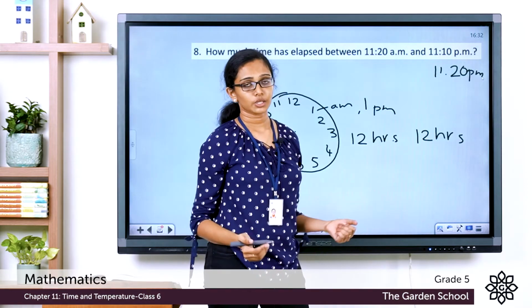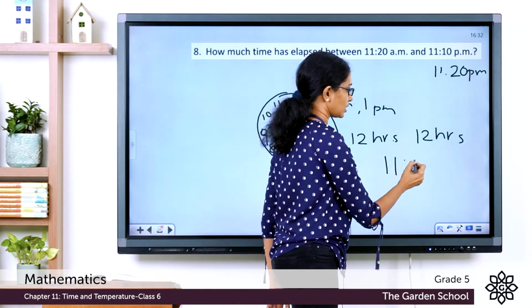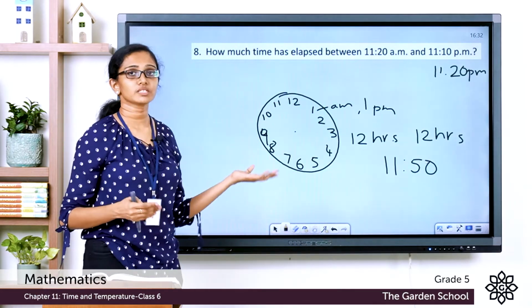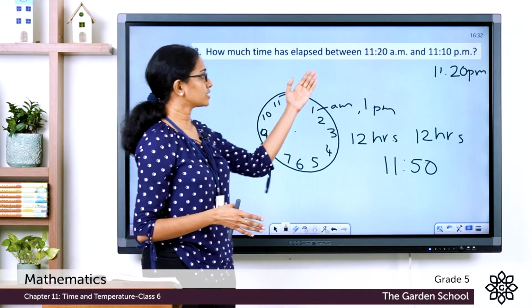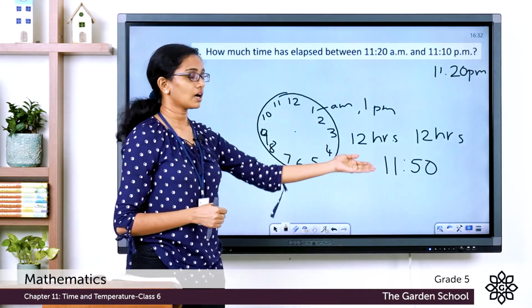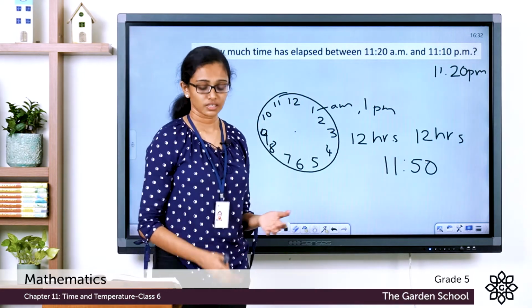So 10 minutes less than 12 hours will be equal to 11 hours and 50 minutes. So what is the duration or how much time has elapsed between 11:20 a.m. and 11:10 p.m.? There will be 11 hours and 50 minutes. So I hope you understood this question.